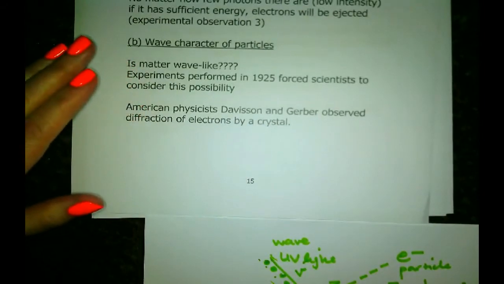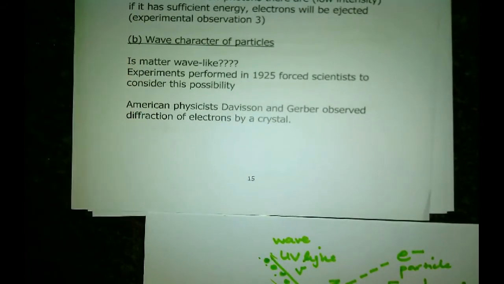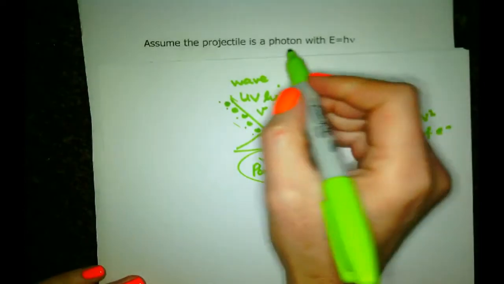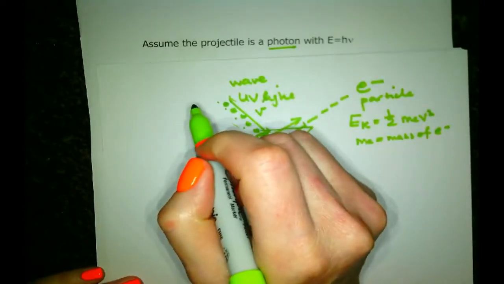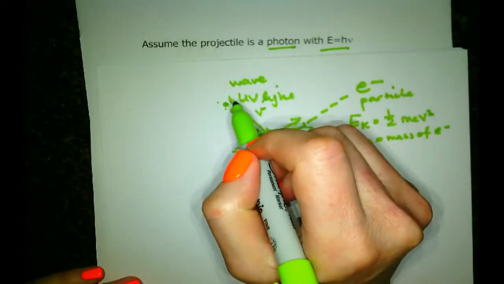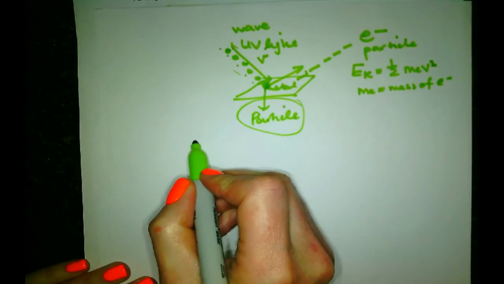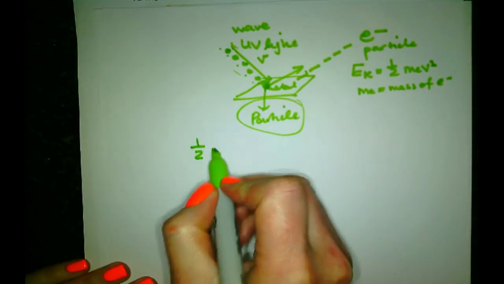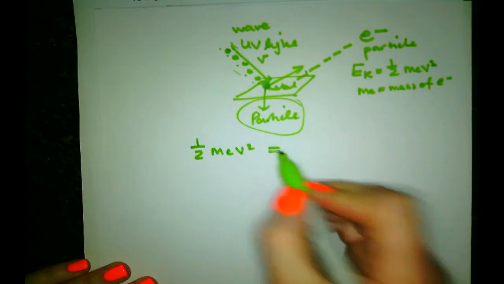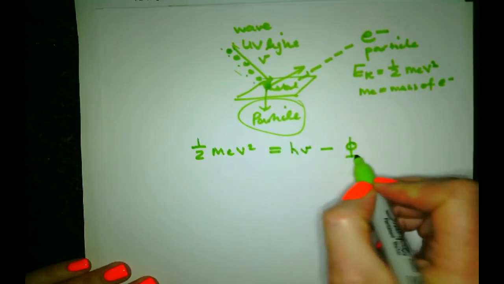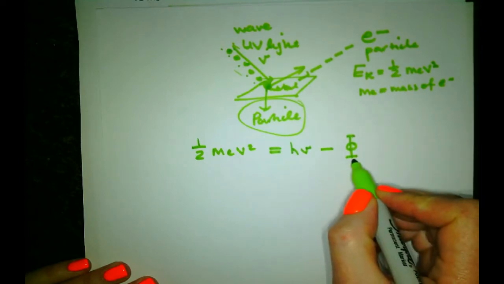Well, firstly, it helps to write the following equation. We assume that this particle of light is a photon, like we said before, with energy h nu. And then the kinetic energy of the electron is the total energy of the photon minus the energy that is used to remove the electron.